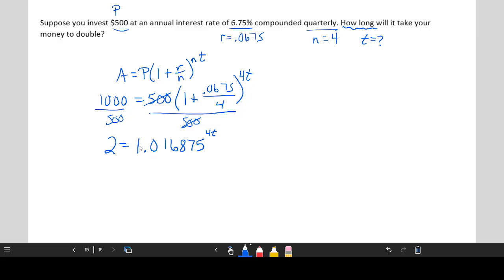So it's not a base we're used to seeing, but it is the same type of equation we've seen, base to an exponent, the variable in the exponent. So we need to take log of both sides. And in this case, we're probably not interested in the exact answer, right? We don't want to answer the question how long with a log expression. We want just a decimal.